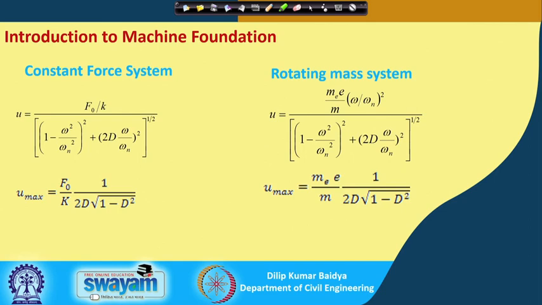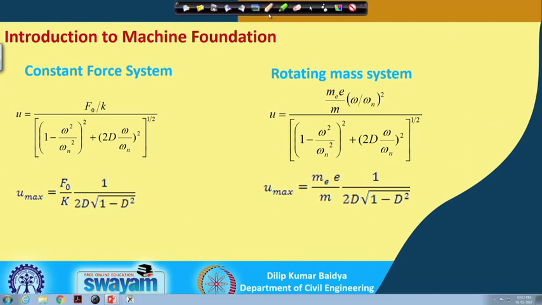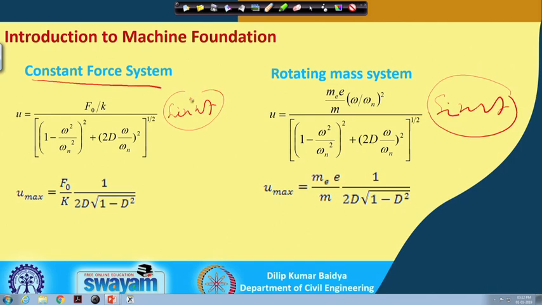One is the constant force system, in which of course there will be a sin omega t. Here also there can be a sin omega t, but if I do not take this, then this is giving, for a particular frequency, the maximum value. Because of that we do not consider this; we consider this as amplitude in millimeter.